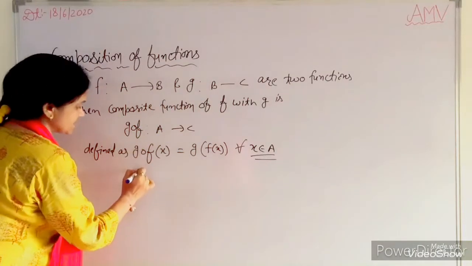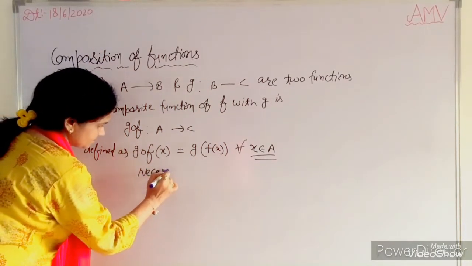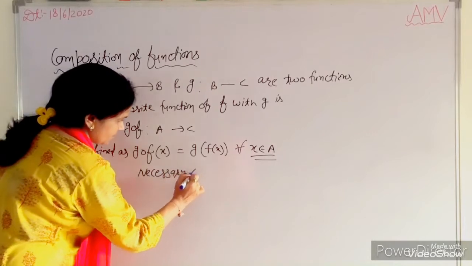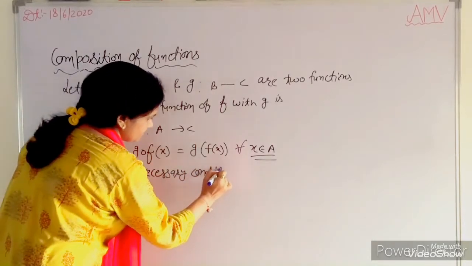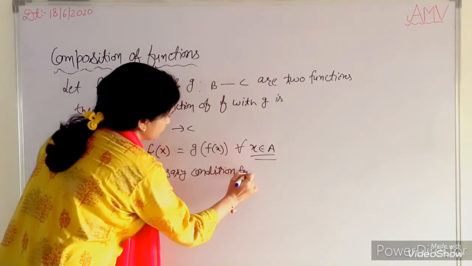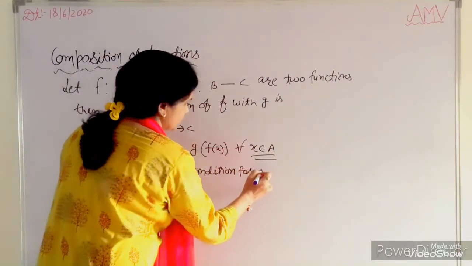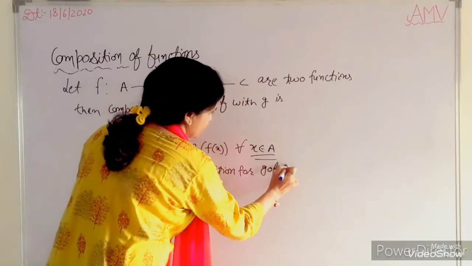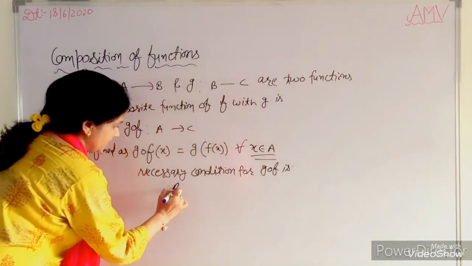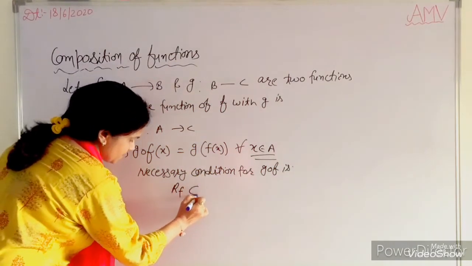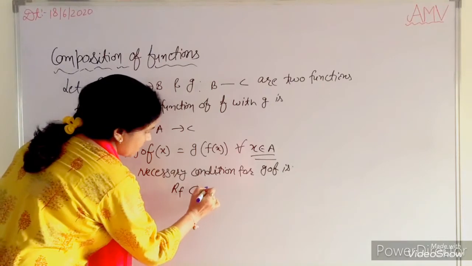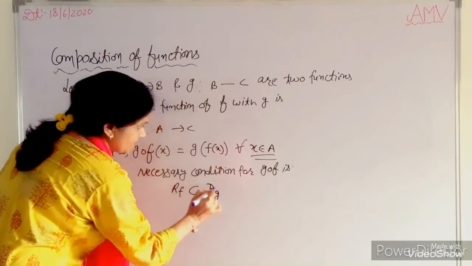But the necessary condition for g o f is that the range of f must be a subset of the domain of g.